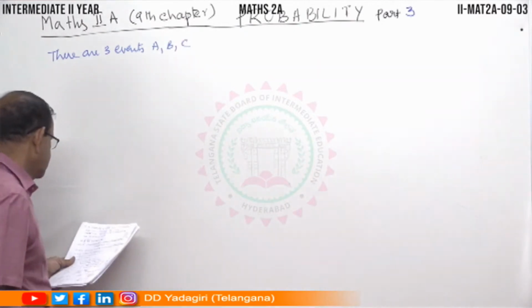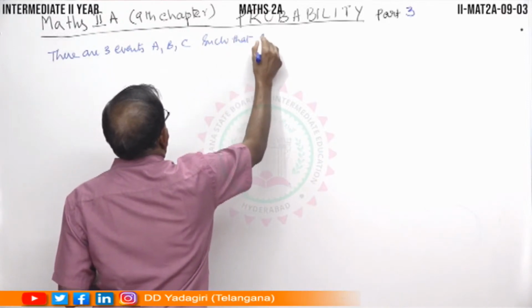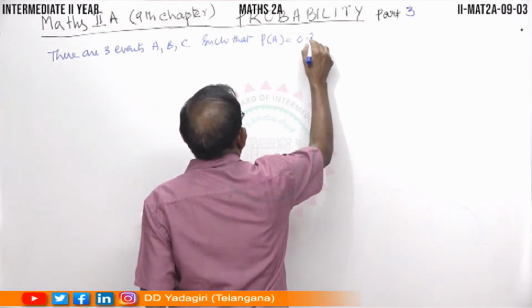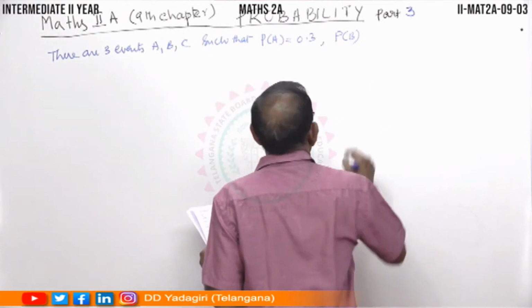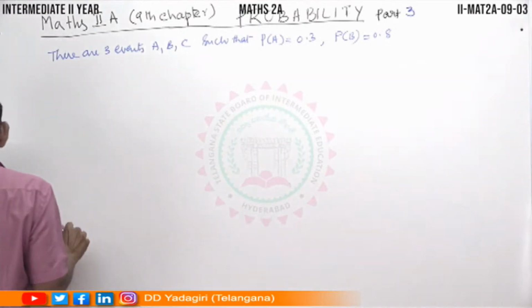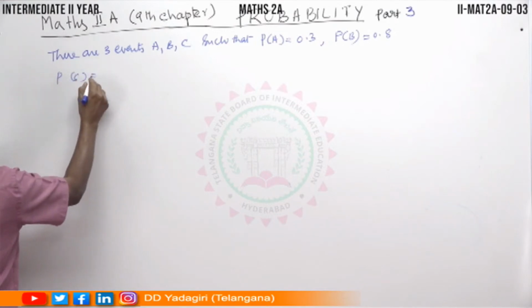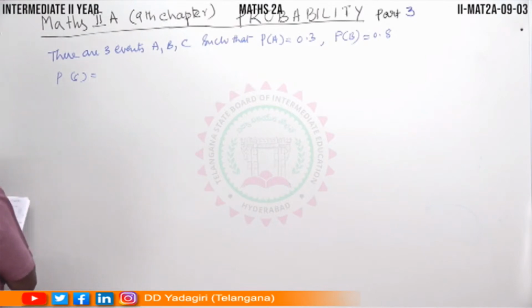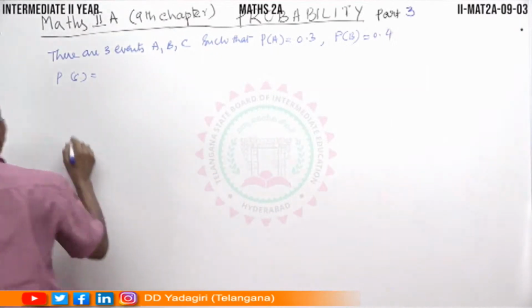Events A, B, C such that P of A is equal to 0.3, P of B is equal to 0.8, P of C is also given, that is P of B is 0.4, P of C is 0.8.